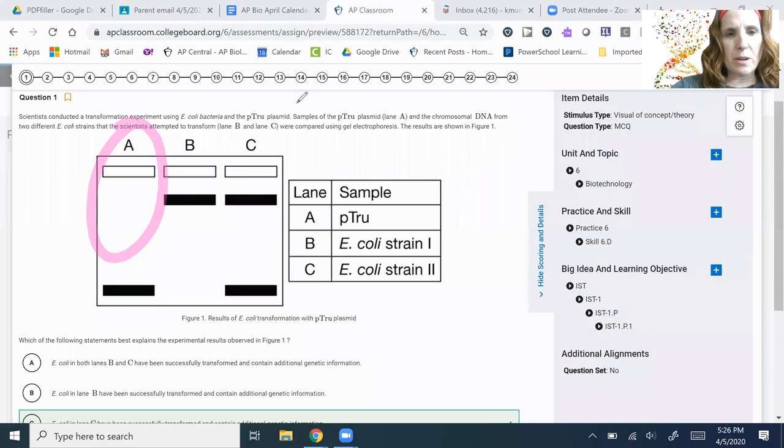All right, so B and C, that's the chromosomal DNA from 2 different E. coli strains. So that's your B and your C. A is simply the plasmid.